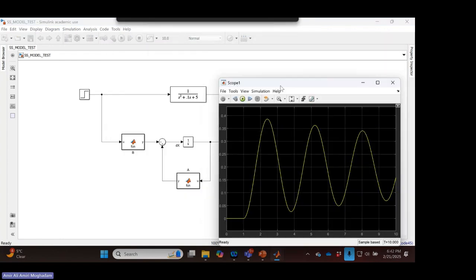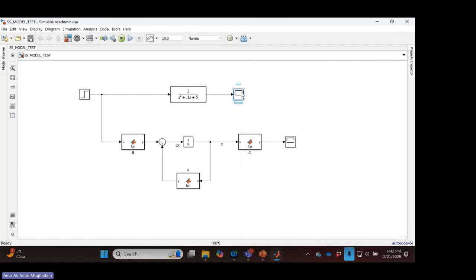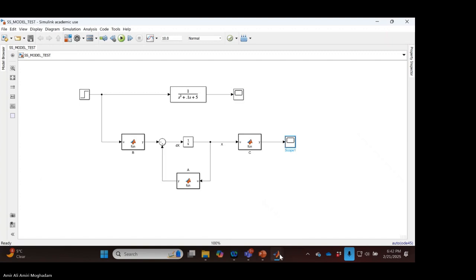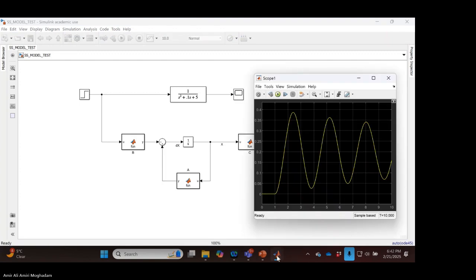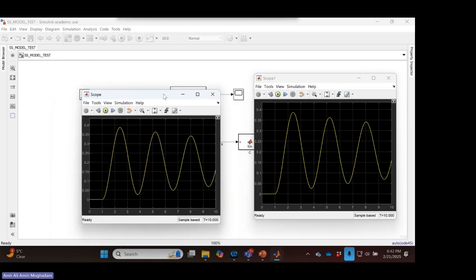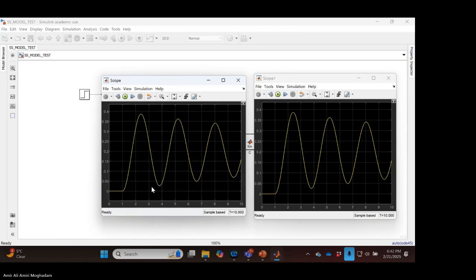And as you can see, this is the response from the state space model, and this is the response from the transfer function, and these are identical essentially. Both the transfer function way of simulation and the state space model have the same result, as it should be.